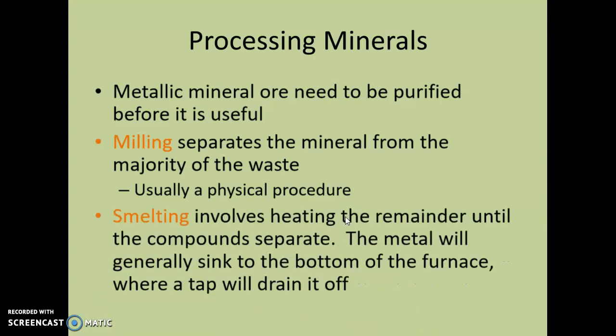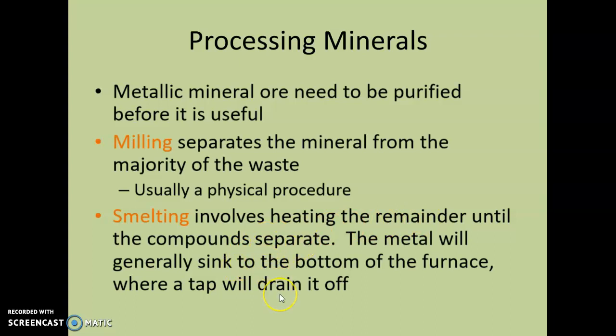You then take the milled stuff and you smelt it. So what smelting does is it heats the remainder, like the milled stuff gets all heated up until the compounds separate. So the metallic stuff will melt.